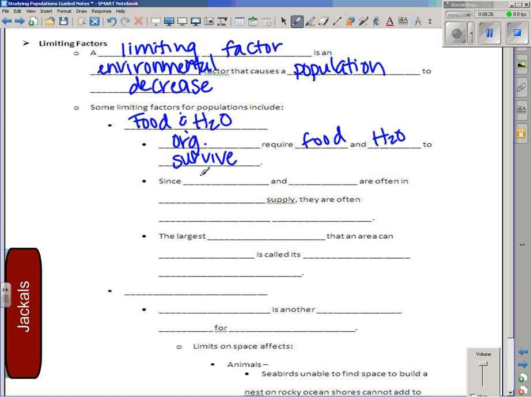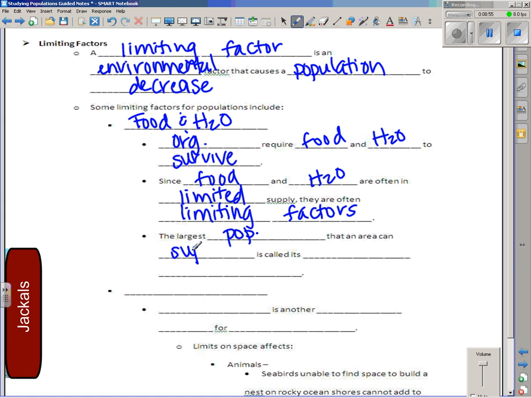Now, since food and water are often in limited supply, they are often limiting factors. Now, the largest population that an area can support is called its carrying capacity.